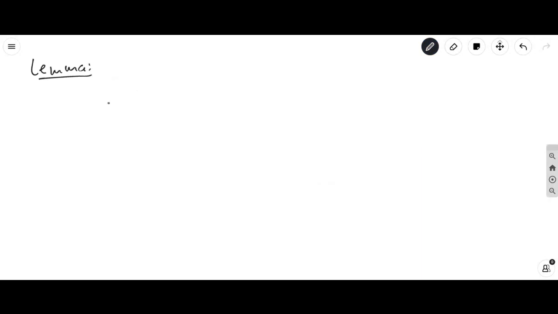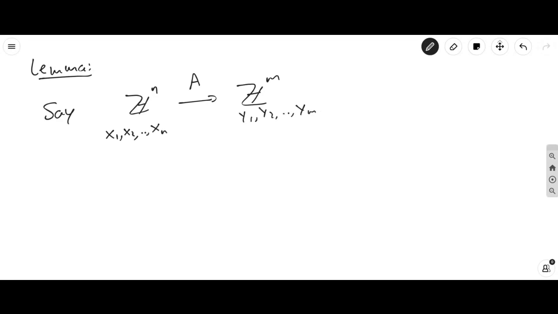So the other part of the lemma will go like this. Say you have Z^n into Z^m, and you have A. And you have a bunch of basis vectors. Let's call them x1, x2 up to xn, and then you have y1, y2 up to ym.